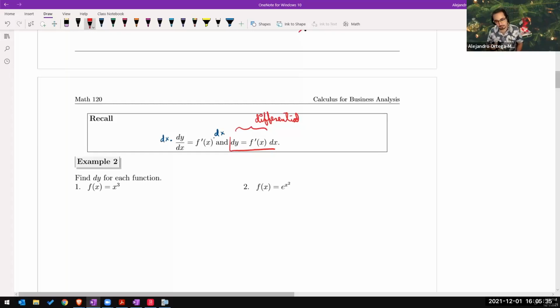Okay, so let's practice a little with the concept of a differential. In these problems, I'm going to ask you to find the dy. Remember, the dy is just going to be the derivative of the function times the dx.